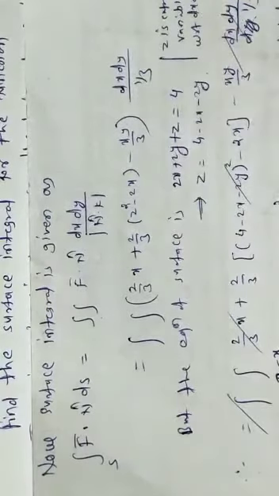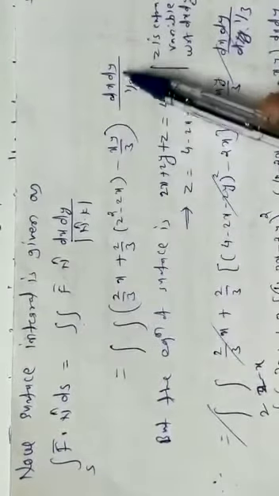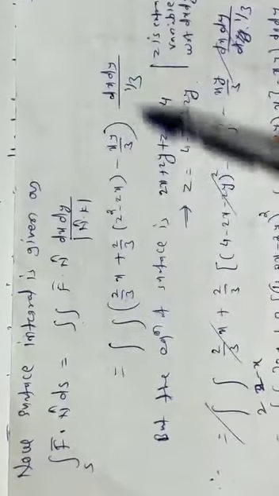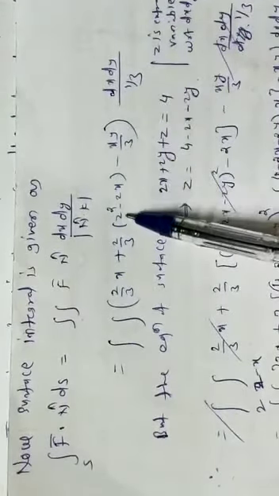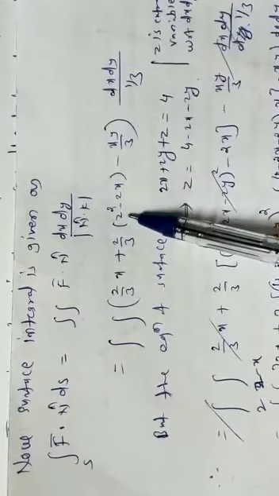So that is done. Now the next step is very important, students. Here you are doing double integration dx dy. So which is the extra variable in this? If you observe, other than x and y, there is z, right?